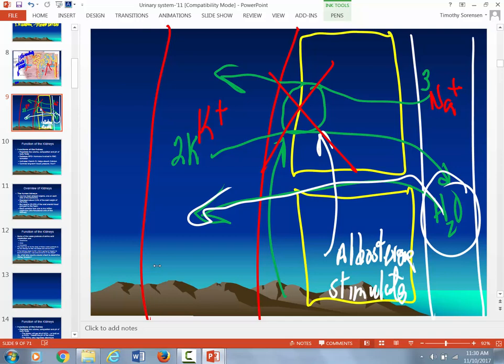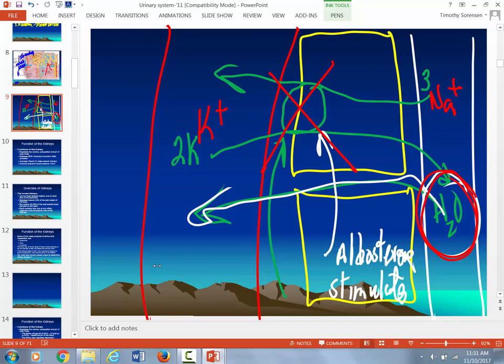So if you inhibit the sodium-potassium pump, what doesn't get pumped back into the blood? Sodium. So if sodium doesn't get pumped back into the blood, what doesn't follow it? So what happens to your urine output as a result of inhibiting the sodium-potassium pump by A&P?